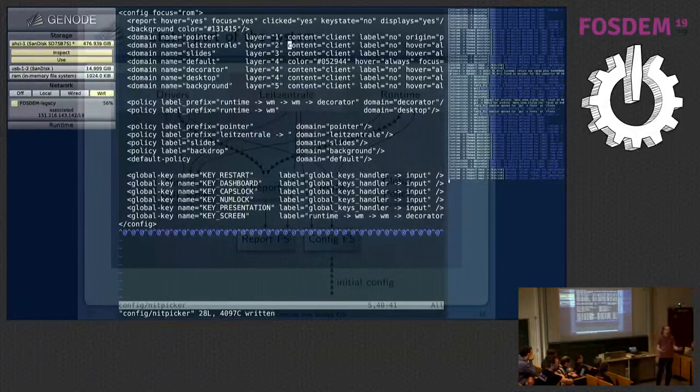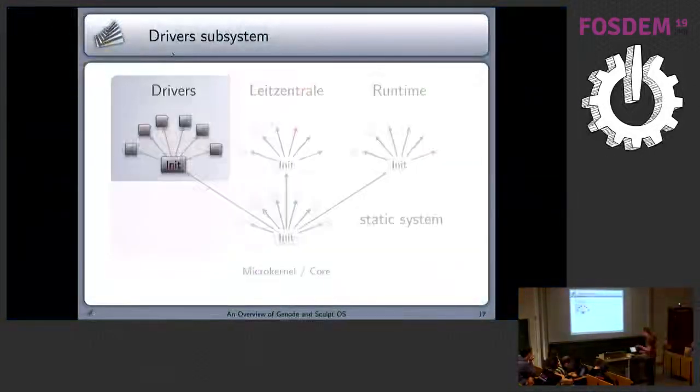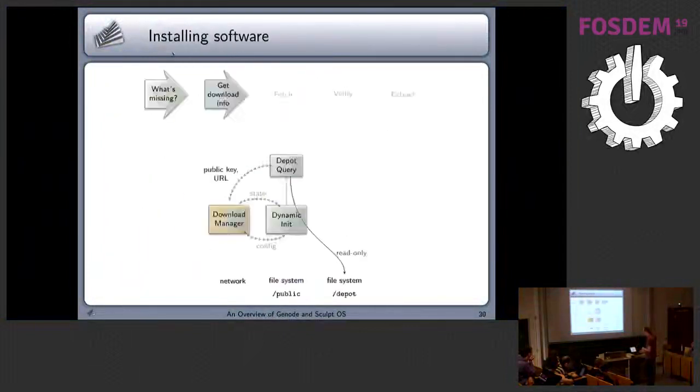And so we need some way of deploying and installing software on Sculpt. Last year I already talked a bit about how this can be implemented, and let me just recapture the general idea.